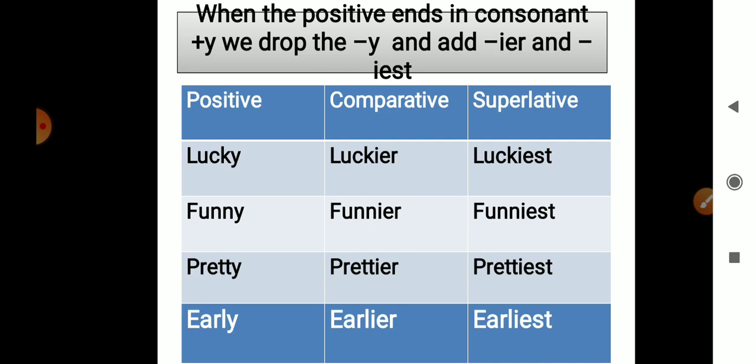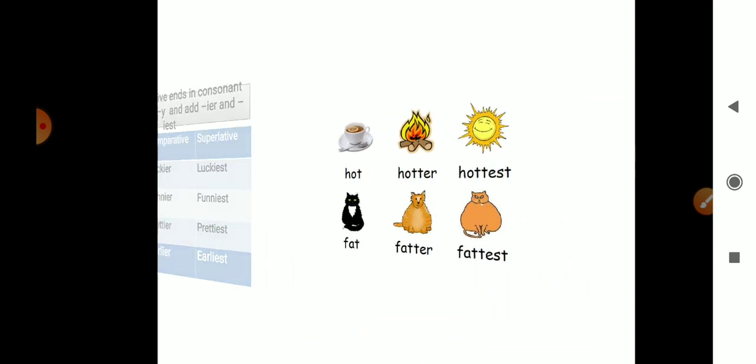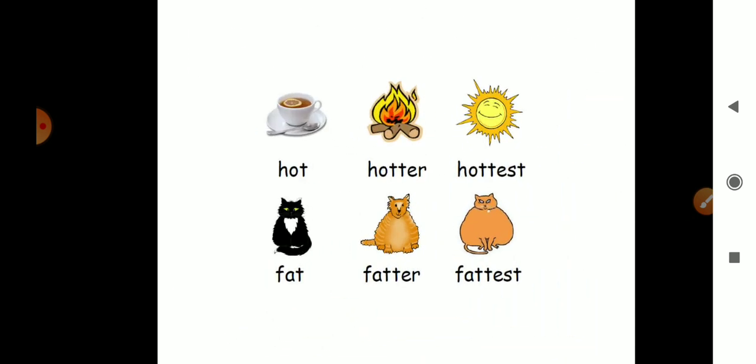This is also a rule of changing words in comparative and superlative. See: hot, hotter, hottest; fat, fatter, fattest. There is also one rule.